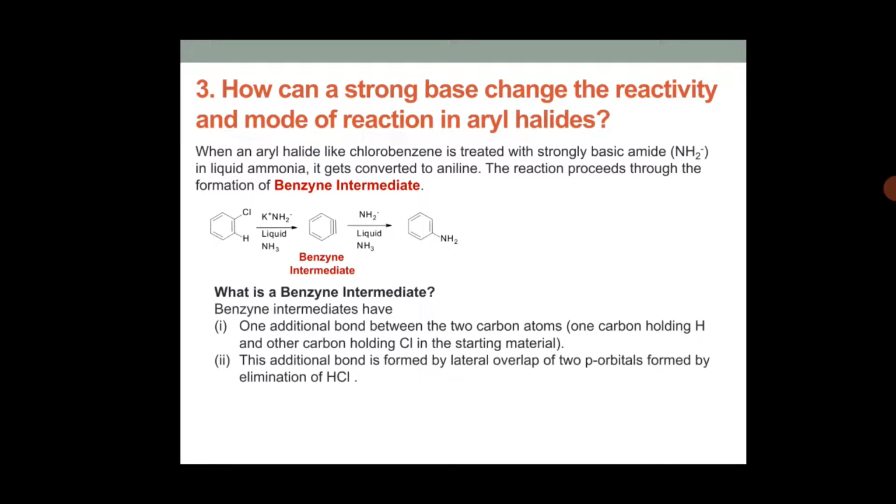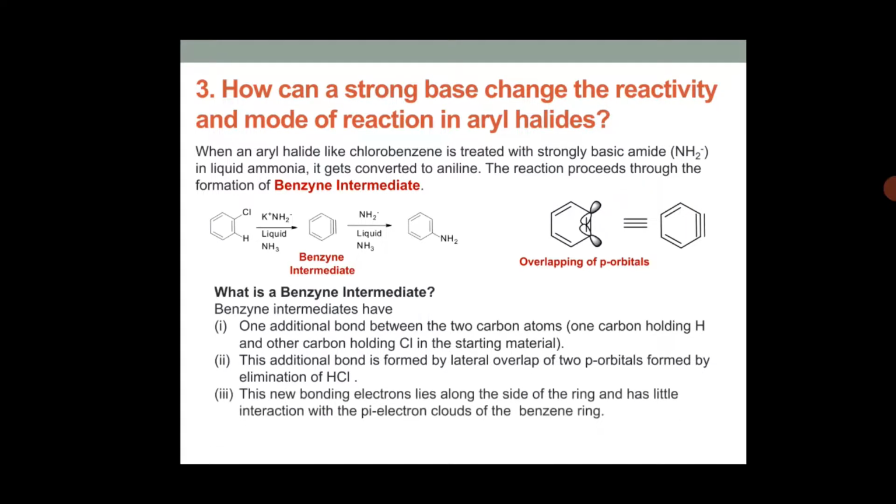This additional bond is formed by lateral overlap of the p orbitals formed by the elimination of HCl. The electrons forming the new bond lie along the side of the ring and have little interaction with the pi electron cloud of the benzene ring. Therefore, the additional bond is weak and hence benzyne intermediates are very reactive.